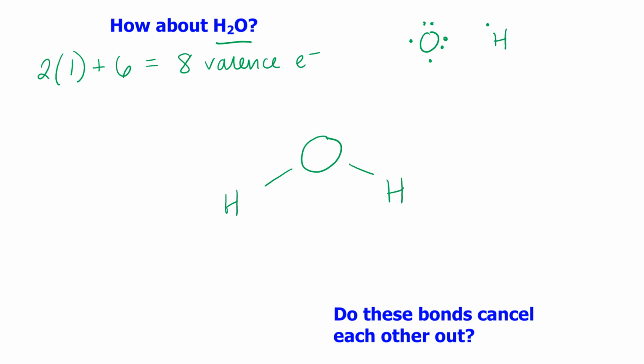So from my 8 valence electrons, I have to subtract 4, leaving me with 4 electrons left over. Those hydrogens are exceptions to the octet rule, so they are happy with the number of electrons they have. So those 4 extra electrons are all going to go onto the oxygen so that oxygen too can satisfy the octet rule. So that's our first step, drawing our Lewis structure.